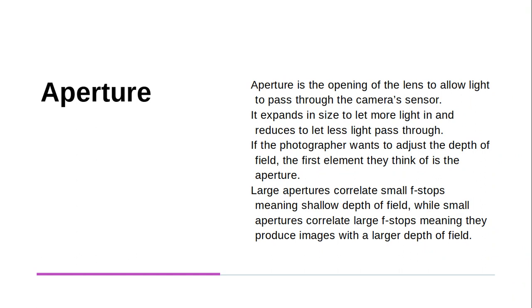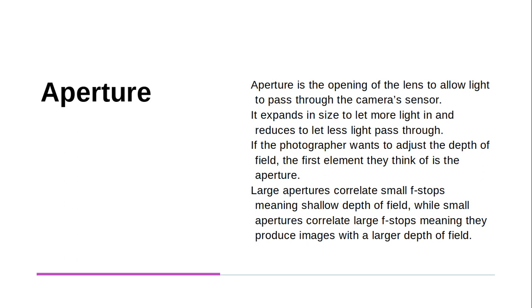That's how you're going to get the focus, and how bright or dark the photo will be, because it does affect the depth of field in terms of the lighting as well.